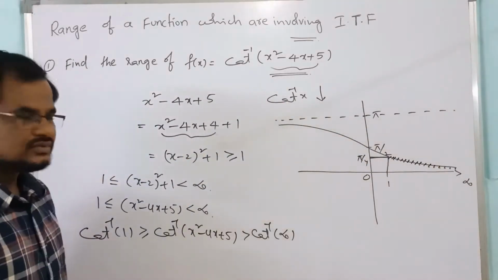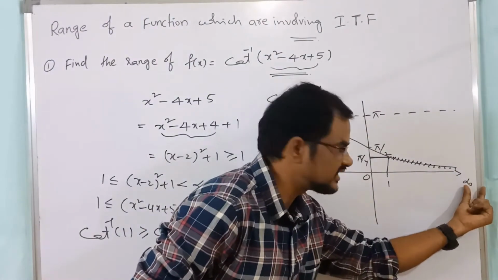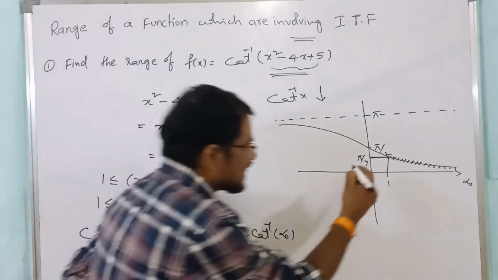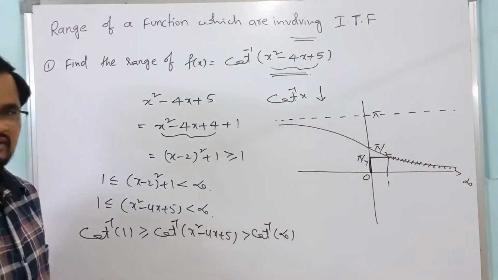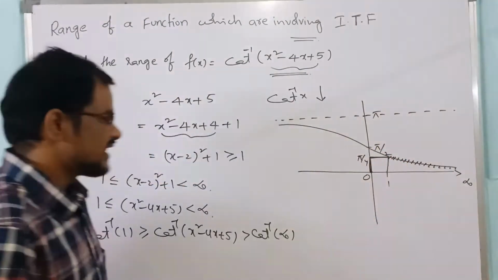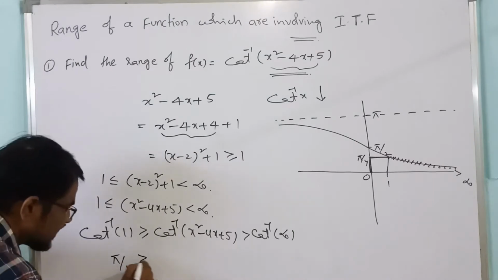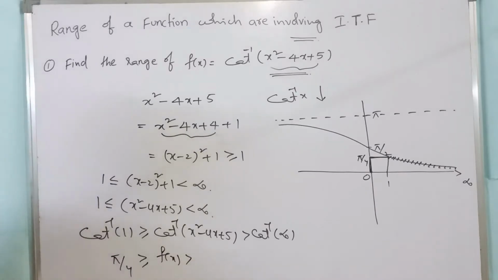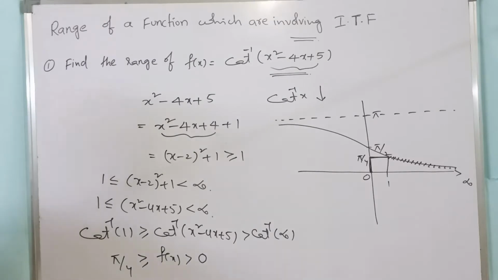So whenever this expression exists from 1 to infinity, if you apply cot inverse, it exists from where to where? 0 to pi by 4. So pi by 4 is greater than or equal to f of x, which is greater than cot inverse of infinity, which we take as 0.